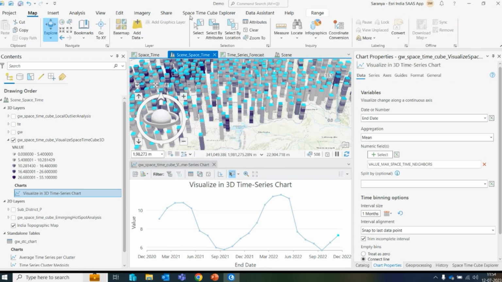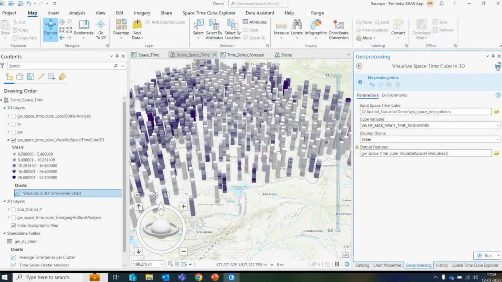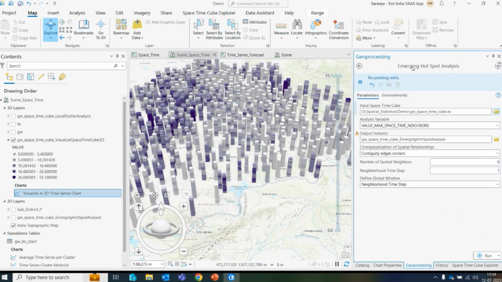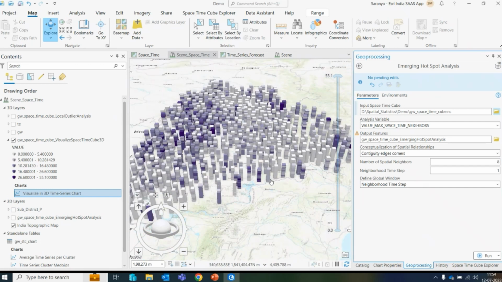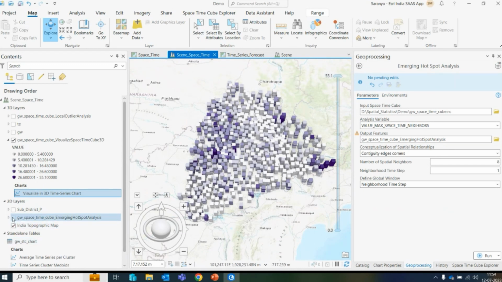So there is another tool called emerging hotspot analysis, which is especially made for identifying hotspots in space-time cube dataset. So if you have such NetCDF dataset, you can use emerging hotspot analysis. Let us take a quick look at how the output looks like.